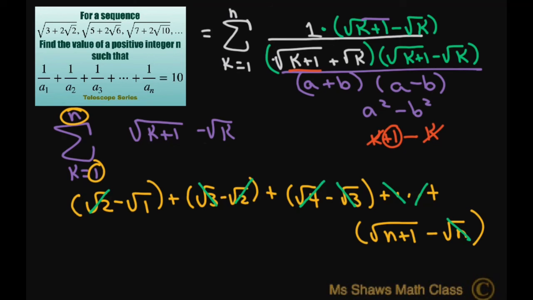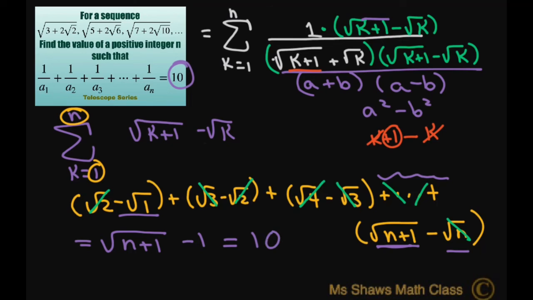It's always good to see the pattern, especially for this middle part, because we have to be careful what we cross out here at the end. So basically what we have is the square root of n plus 1 minus 1.